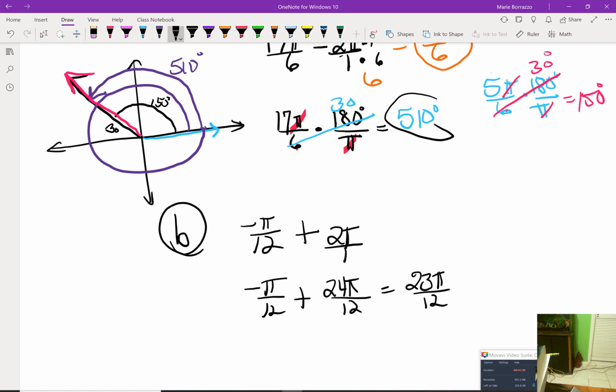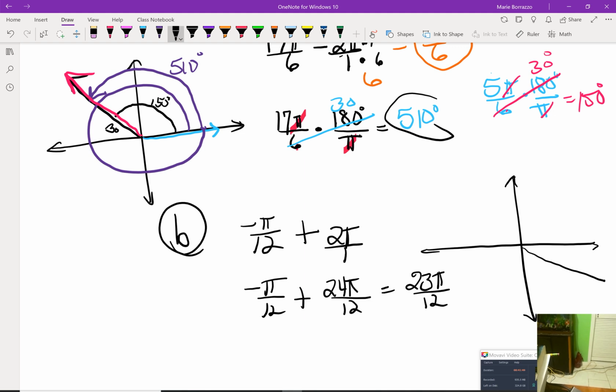Let's talk math. If this were 24, doesn't 12 go into 24 exactly twice? So that would be a full rotation. I'm just 1/12 shy of that 24. So let's assume we're splitting the quadrants up into 12ths.